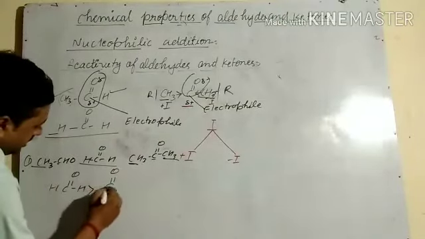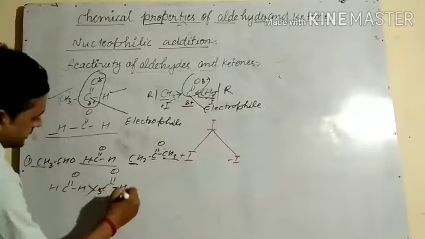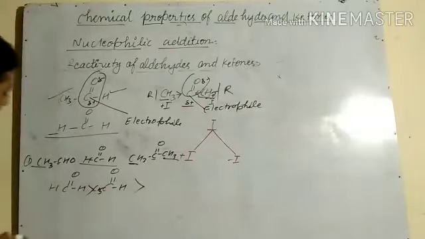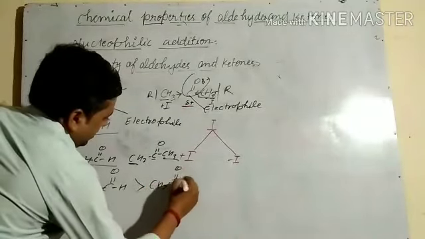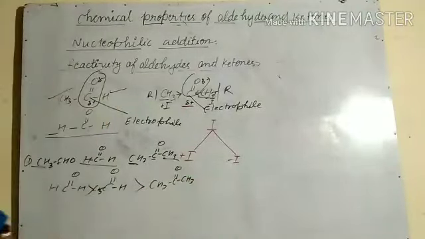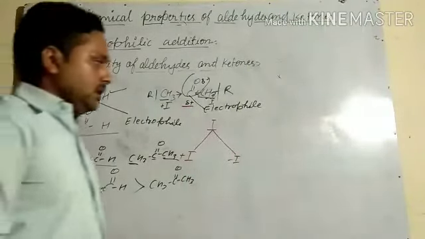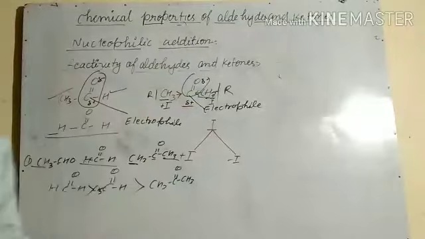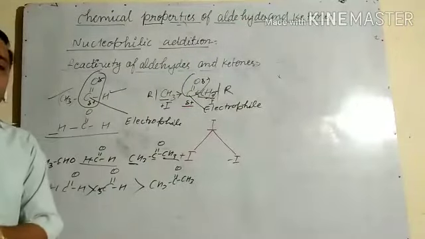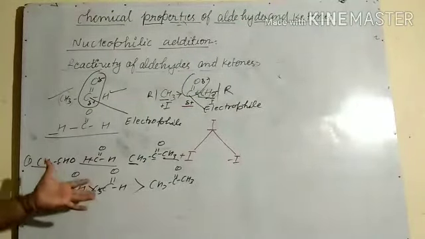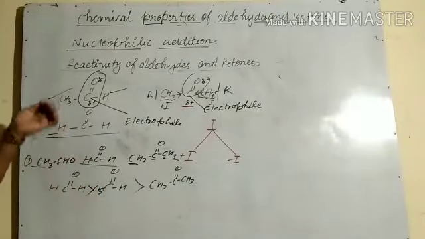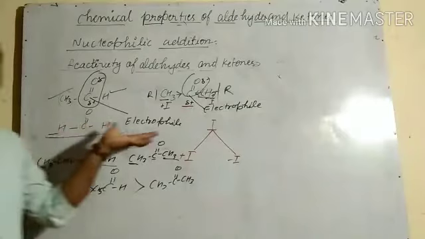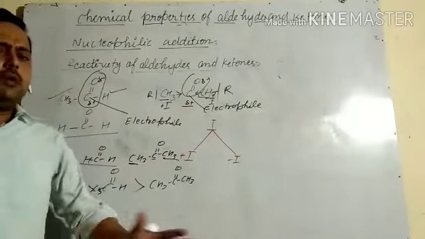The order is HCHO, then CH3CHO, and next CH3COCH3. So this is the reason why aldehydes are more reactive than ketones. What did we discuss here? We discussed that aldehydes are more reactive than ketones. I think you might have understood the reason. If you don't get any of it, don't mind.